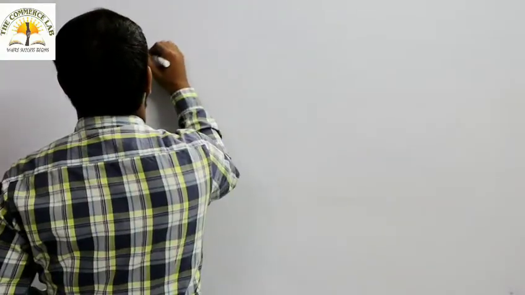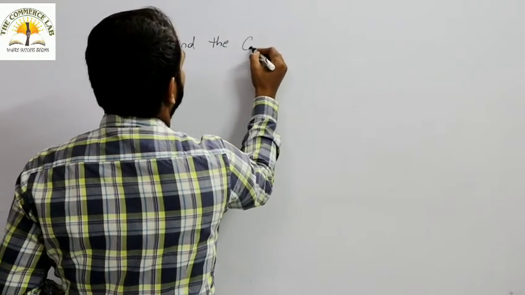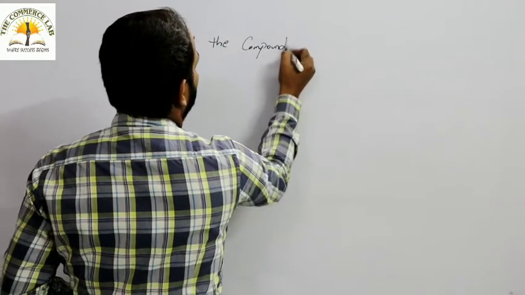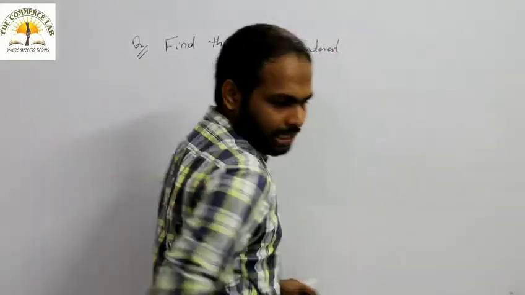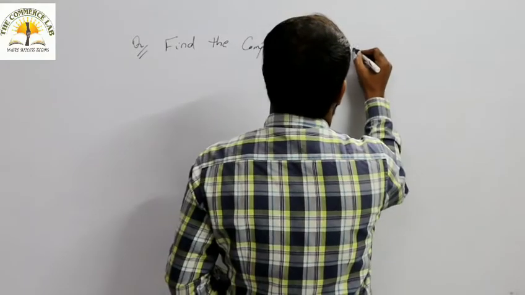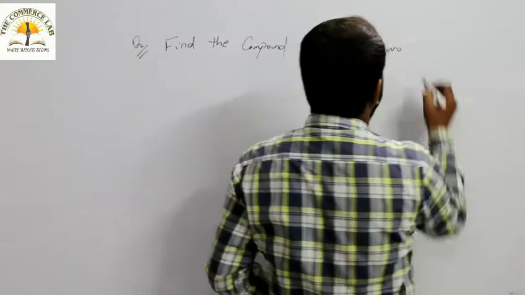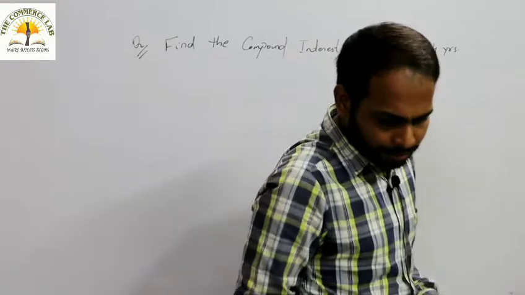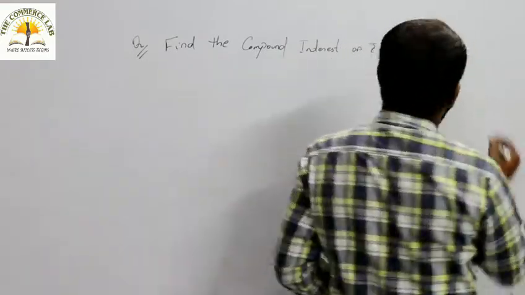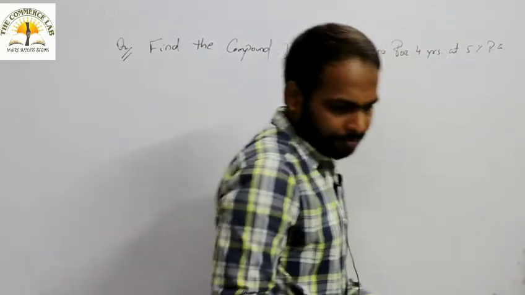Then come for one example. Find the compound interest on 1000 rupees for 4 years at 5% per annum.